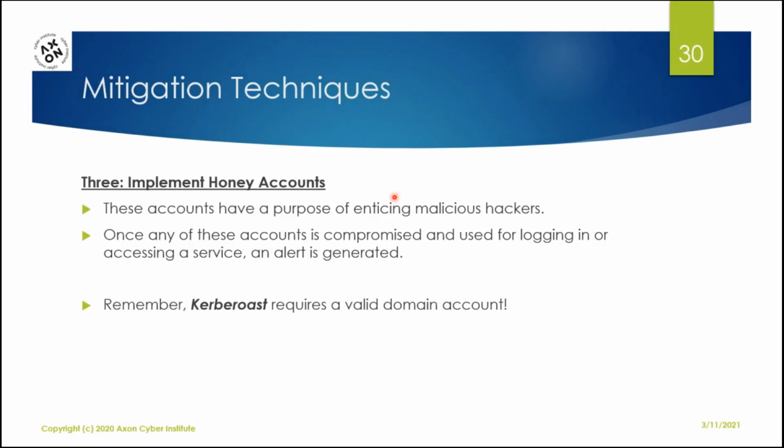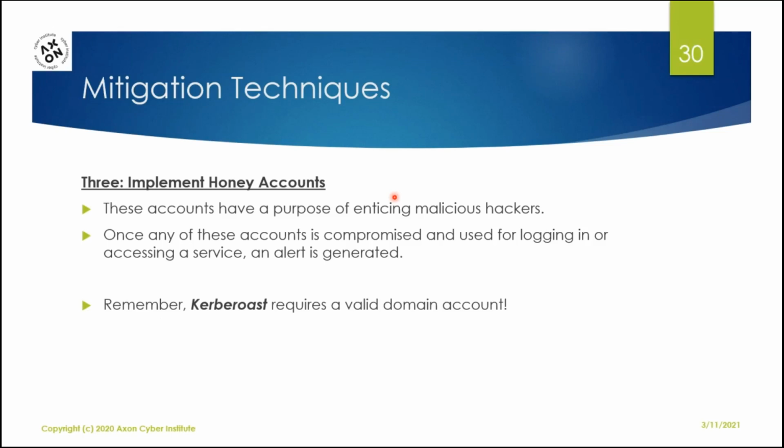Number 3, implement what we call honey accounts. You can create two or three of them. These accounts are not used for anything except to alert you if a hacker is there. So once you see a log that one of the honey accounts has logged in, or has accessed a service, that means you are compromised. That means a hacker is doing that.